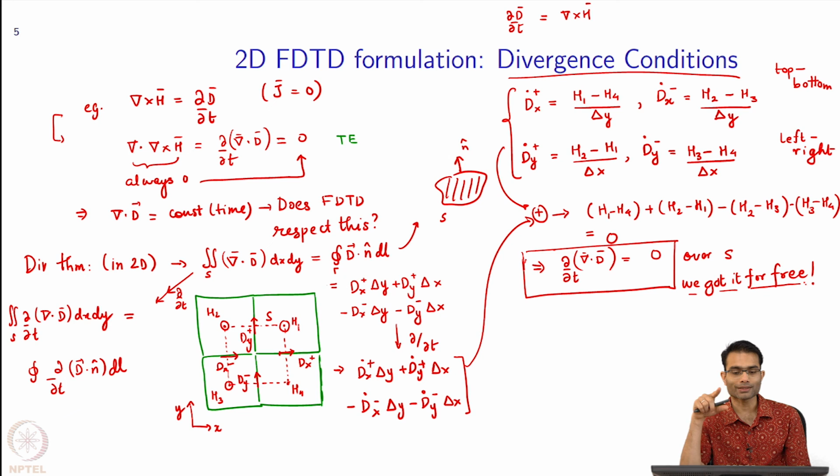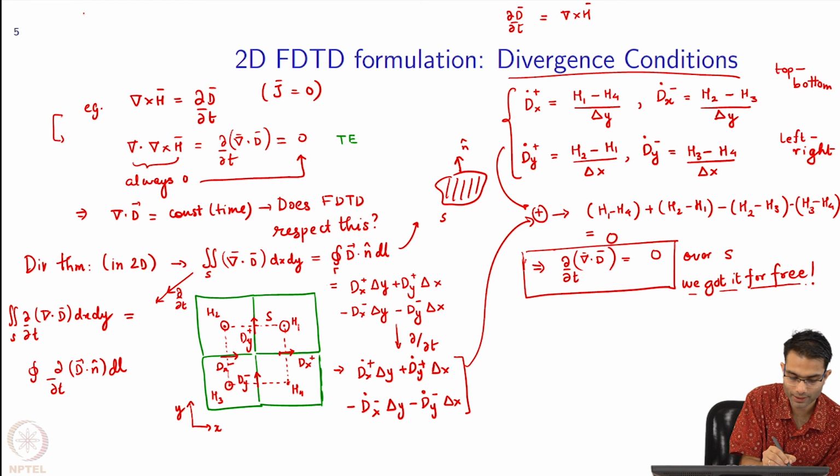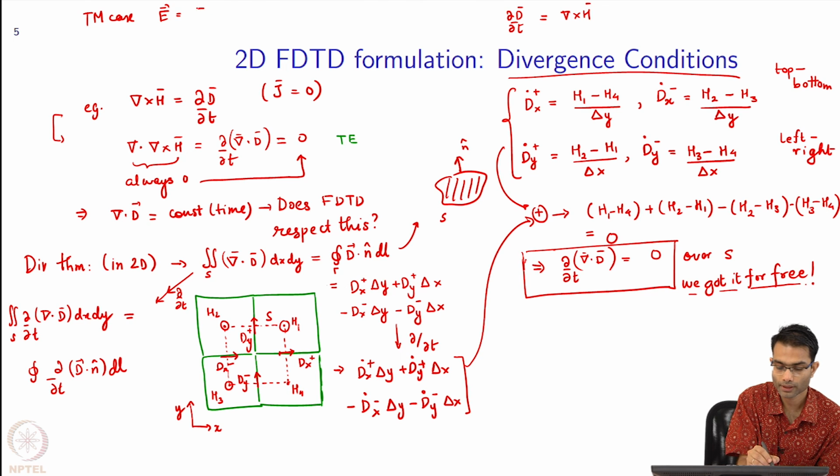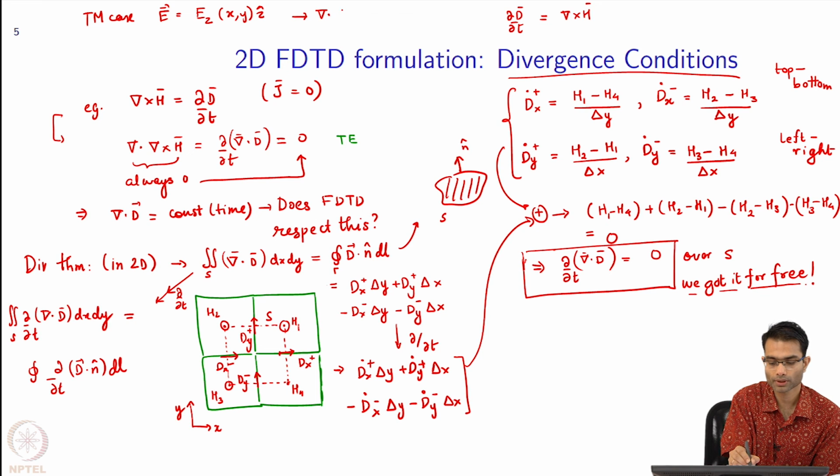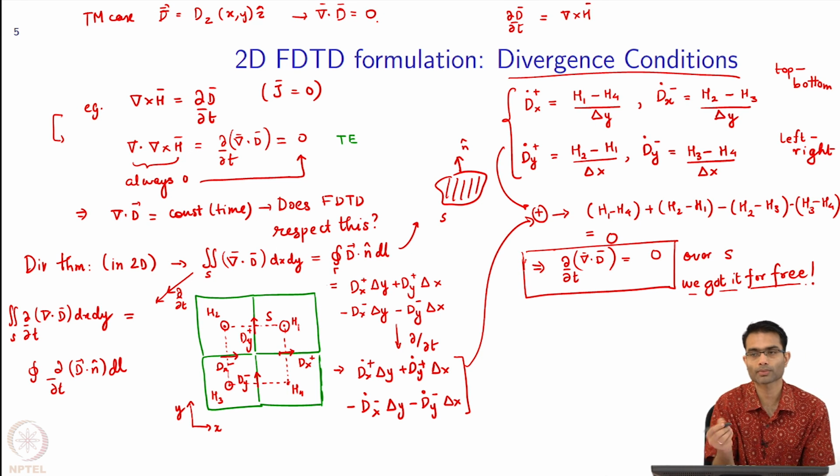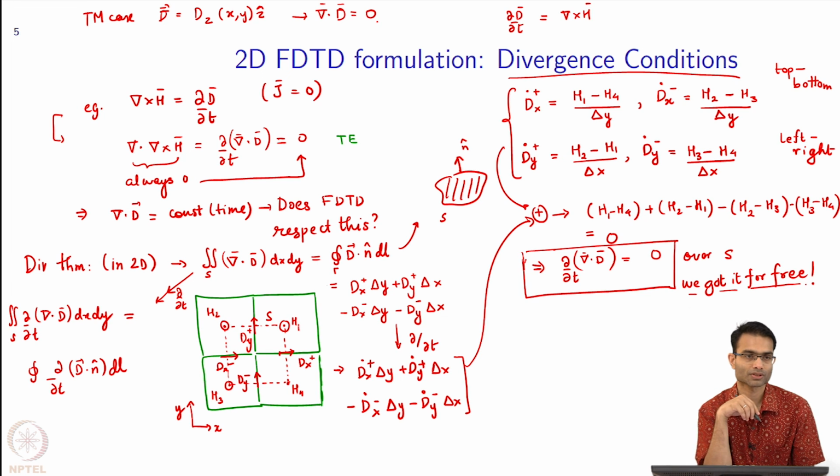Actually, in the TM case, Ez is what? Pointing. So, okay, let us say take the TM case. What is electric field? Only Ez, and what is it a function of? X, Y, Z hat. If you want to be very precise, let us make this D. So, what is divergence of D? 0 automatically, nothing has to be done, because this is del by del Z of something which is not a function of Z. Right.